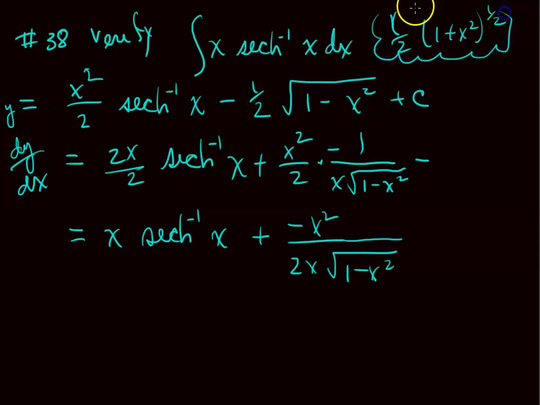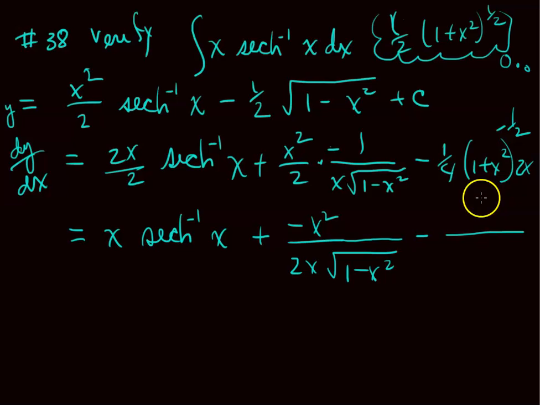So it's 1/2 times 1/2, or 1/4, the 1 plus x squared, but now subtract 1, you get the negative 1/2 power, times the 2x, which is the derivative of what's inside. So this minus, and we have this negative square root in the denominator.